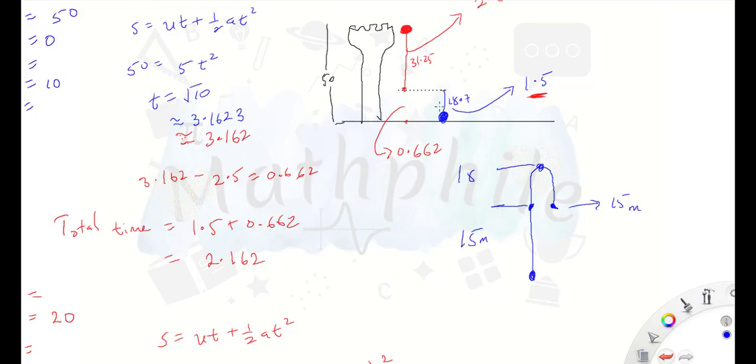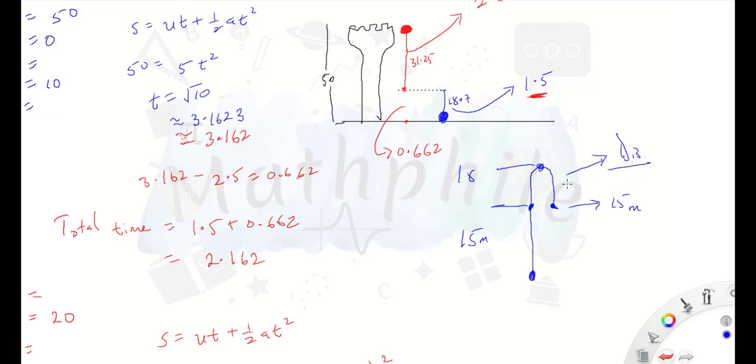Now, the first question you need to ask yourself is, at what time is this particle going to return? I did this with the assumption that the particle is still moving upwards. But I don't know if the particle is going to come down or still be moving upwards. So the best thing to do is to find the total time it's going to take the particle to start to return, so that I factor in the displacement.